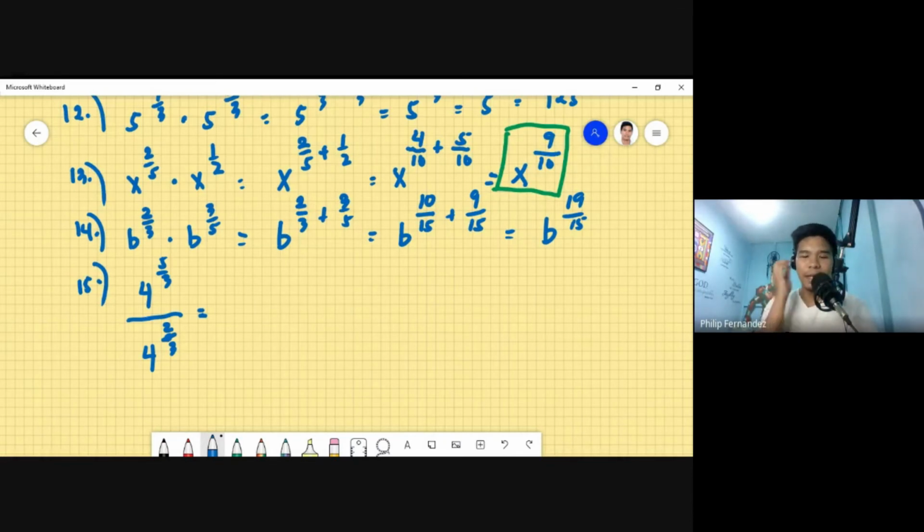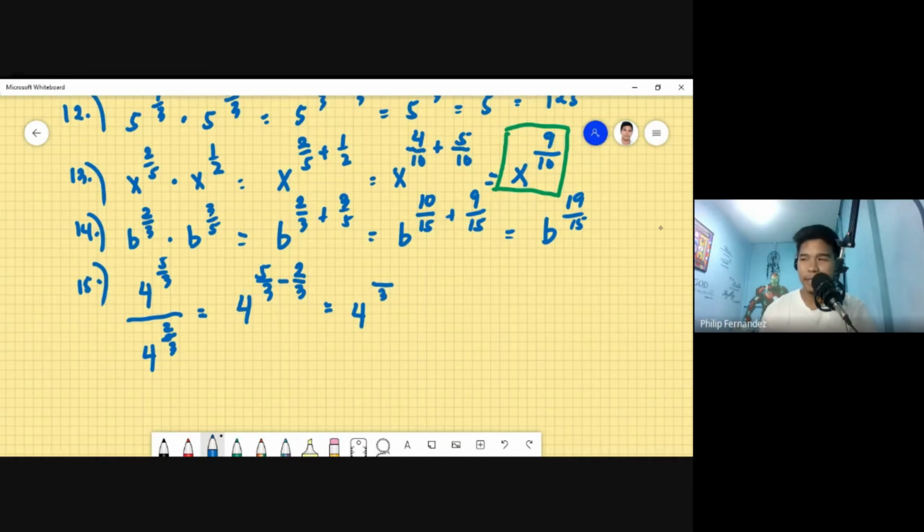Again, this is only applicable to expressions with same bases. Okay, so ang base natin ay 4, copy 4. Tapos, exponent muna ng numerator ang mauuna. 5/3 minus the exponent of the denominator, 2/3.